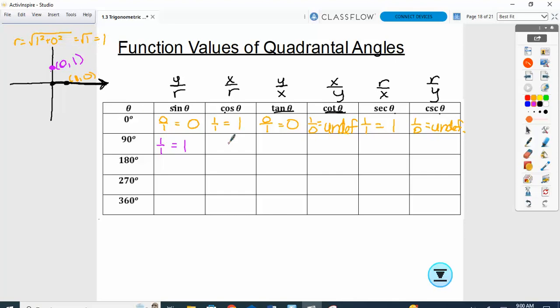X divided by r. So 0 divided by 1 is 0. Tangent, y divided by x. So 1 divided by 0, can we do that? No, so that's undefined.